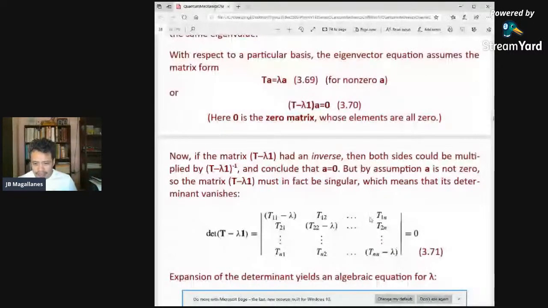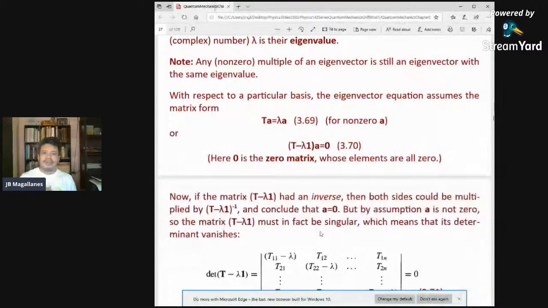In the second row you have t21, t22 minus lambda, and so on till t2n. For the third row you have t31, t32, and then t33 minus lambda, until t3n, and so on. So only the diagonals are subtracted with lambda in this case.